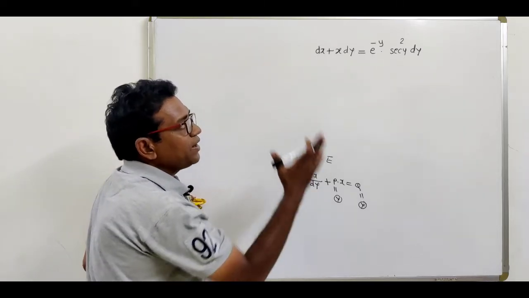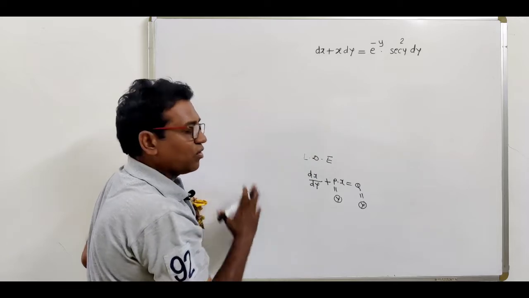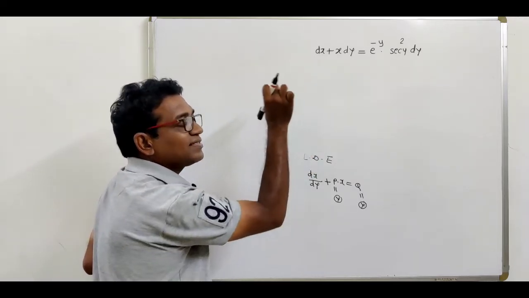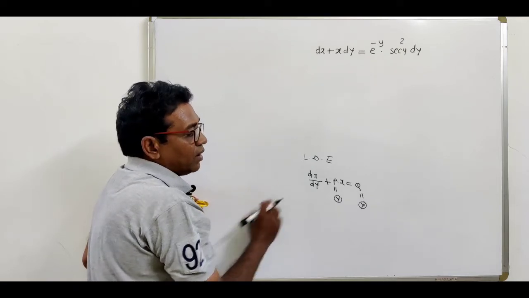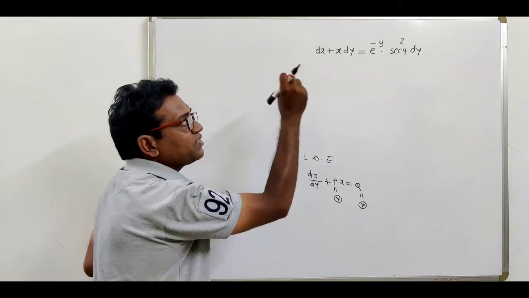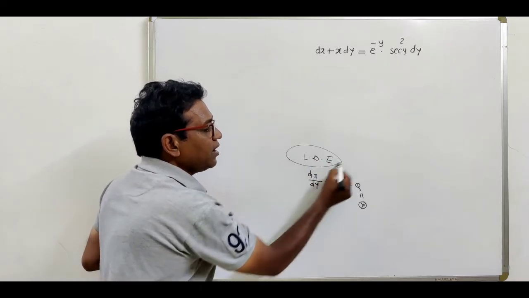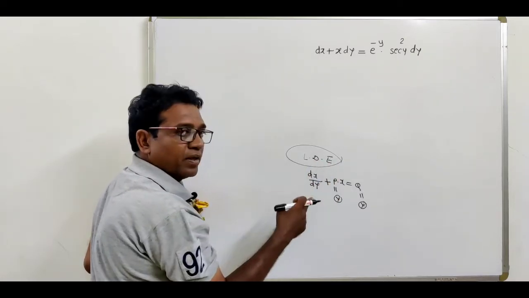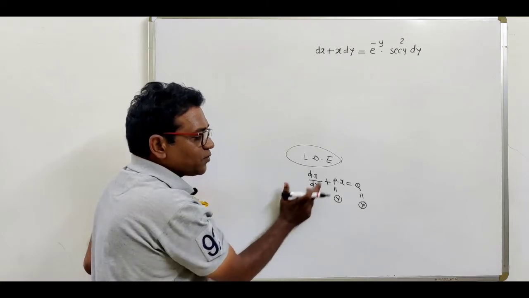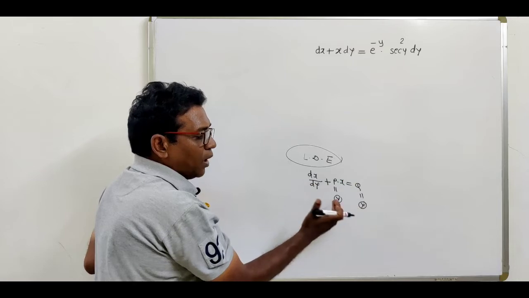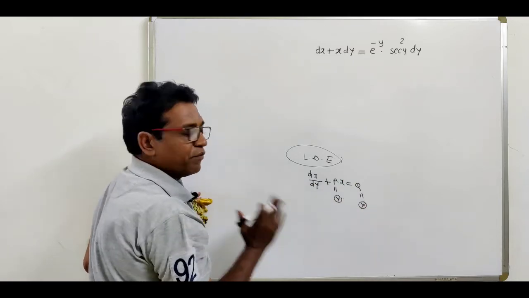So how to examine this? This differential equation contains just a single x, so it may be a linear differential equation of this type, dx by dy plus px is equal to q, where p and q should be functions of y alone.